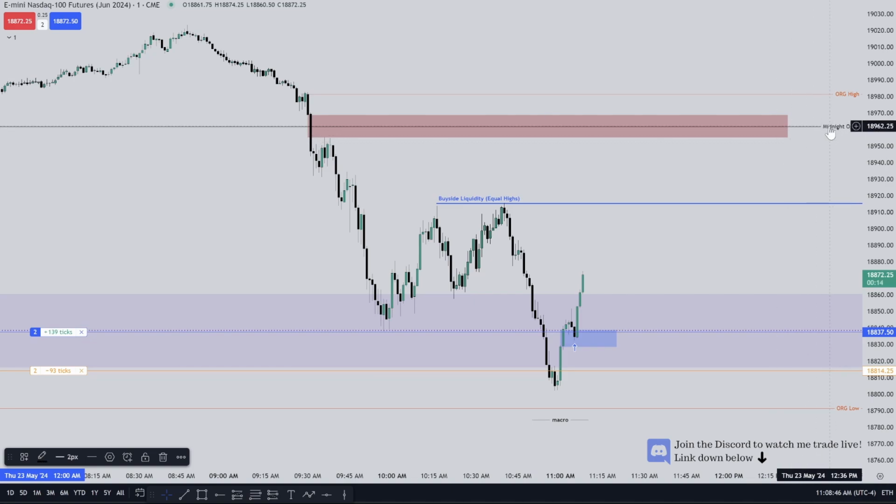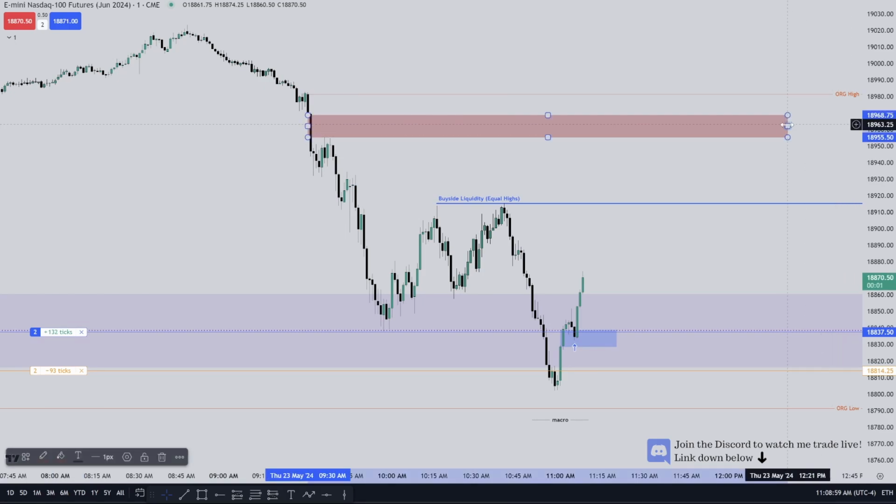So I'm going to take off this midnight opening price. I just wanted to show you guys why we're in a deep discount and why buys are optimal given the market conditions and what took place during the morning. So let's take that off.